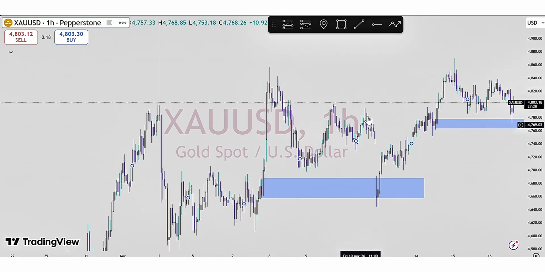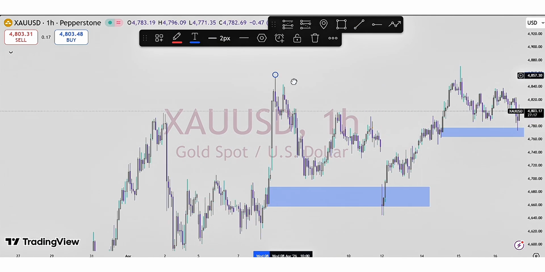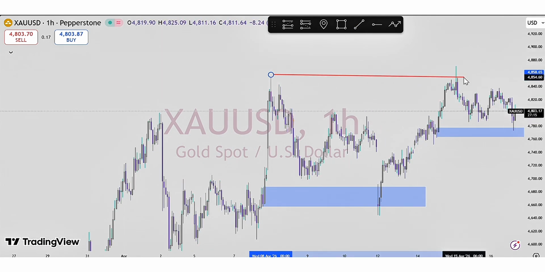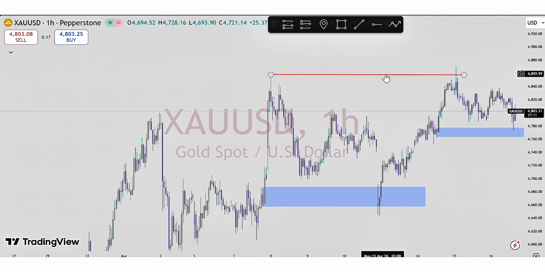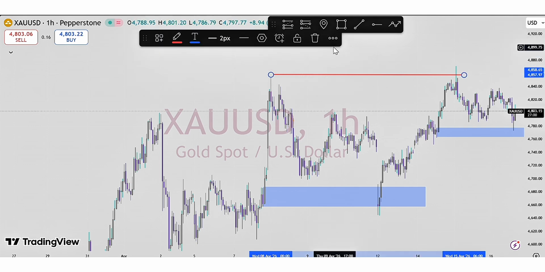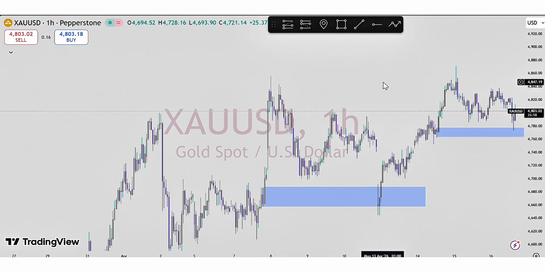We see that it came back and they rallied up to mitigate this high. The market has cleared this high here. So imagine you were in this kind of setup, you would have made a whole lot of money.